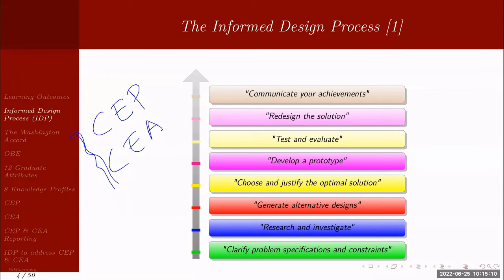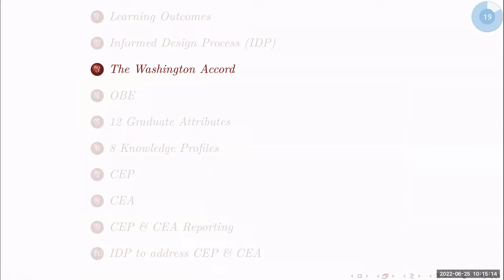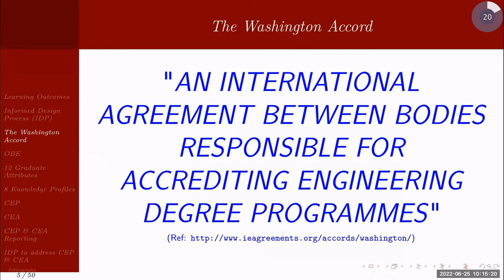The reason is nowadays for engineering education there is something called the Washington Accord. What is this Washington Accord? This is an international agreement between bodies responsible for accrediting engineering degree programs.